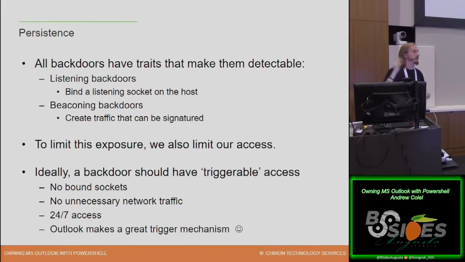It's waiting for particular packets to hit 445, followed by 135, followed by 139, and if it gets them, it'll then have the payload call out. That's a triggerable backdoor. The benefit of triggerable backdoors is, again, you have no sockets bound whatsoever. There's no unnecessary network traffic, and you have 24/7 access.